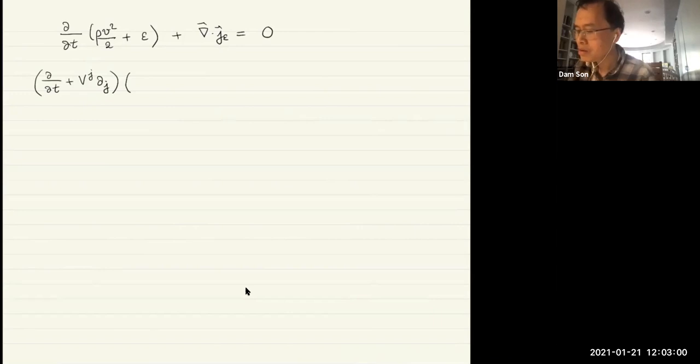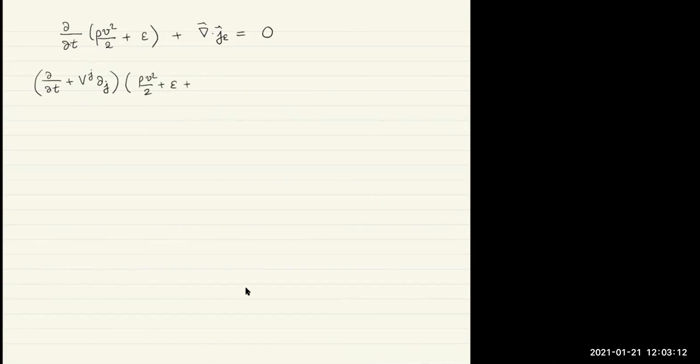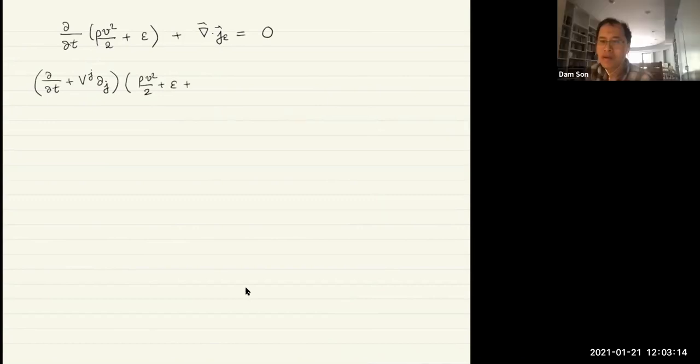Now I have this rho v squared over 2 plus epsilon, but v changes under Galilean transformation. v is shifted by capital V. I'm only working at linear order in V, and so I have this Vi, with a minus sign, plus epsilon prime in the new frame has to be equal to 0.